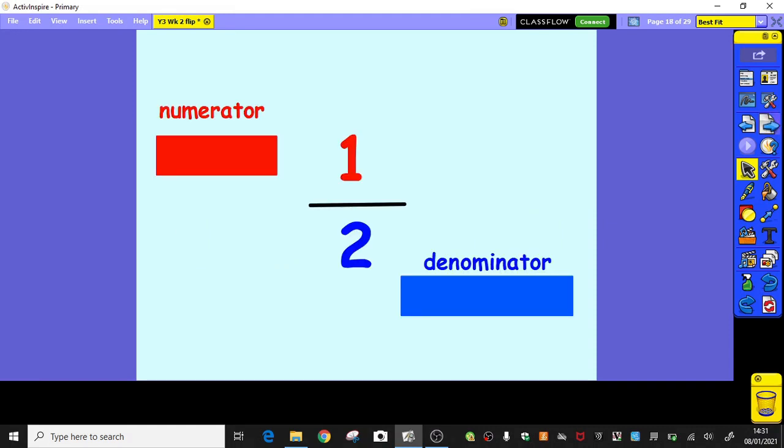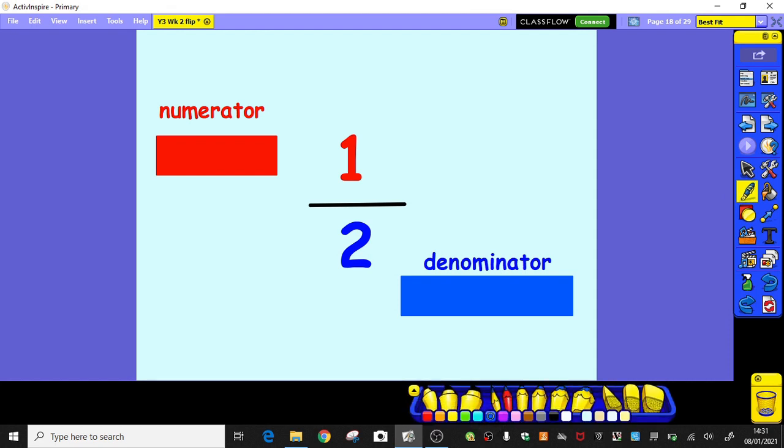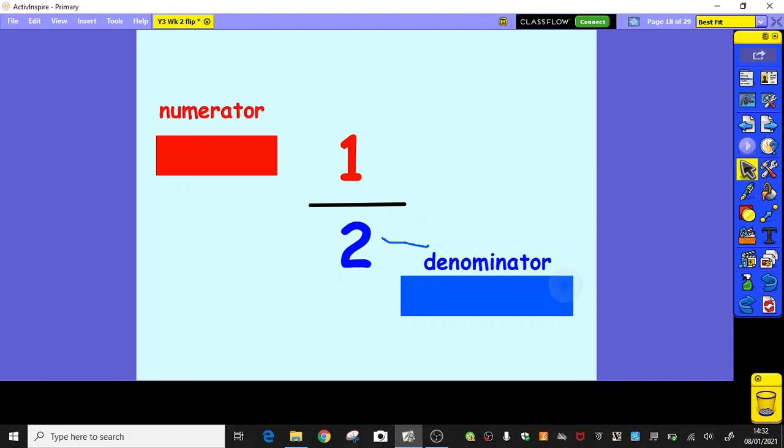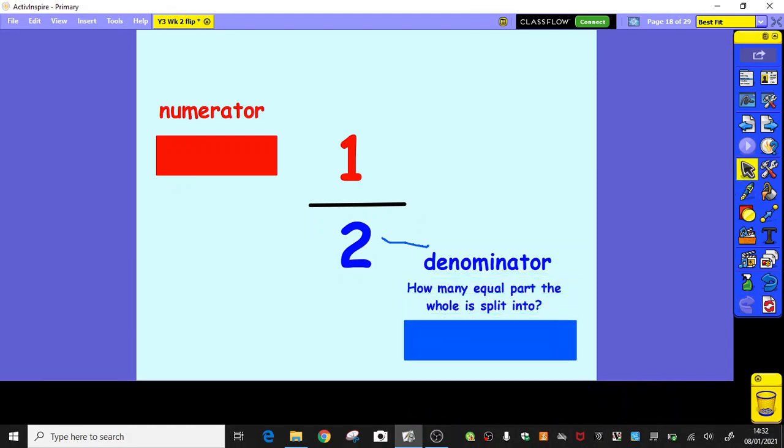Now, thinking back about our fractions, we've got to remember our key fraction words. The first one we need to think about is the denominator. The denominator is the number on the bottom of the fraction. As my class say, denominator down. And what does the denominator do? Can you tell me? The denominator tells us how many equal parts the whole thing has been split into.